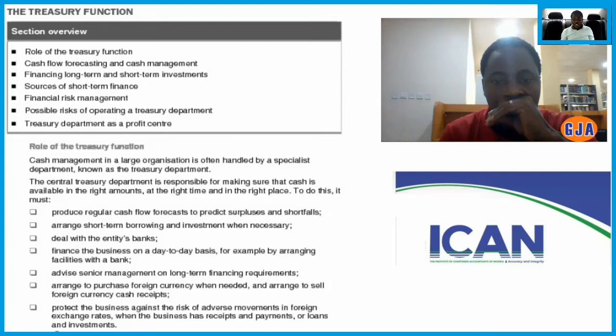But as treasurers and as part of our treasury function, we must be able to protect our business, our organization, against the risk of adverse movement in foreign exchange rates, the foreign exchange environment. And when the business has receipts and payments, or loans or investments, we must be able to manage them ahead of time.